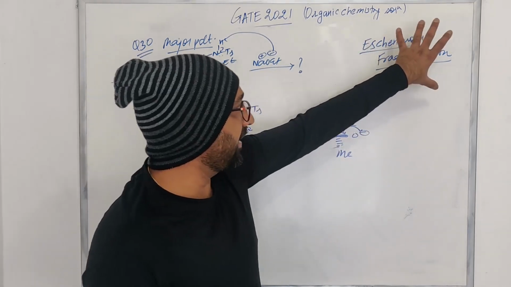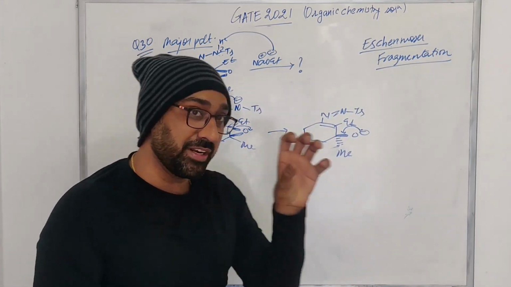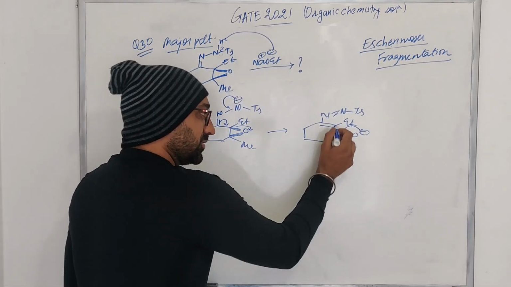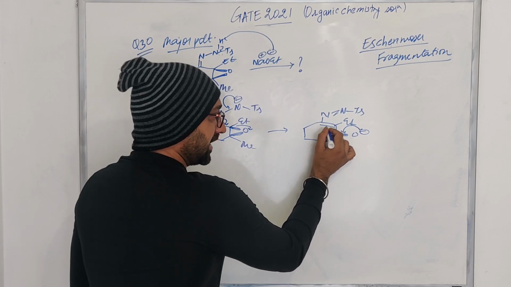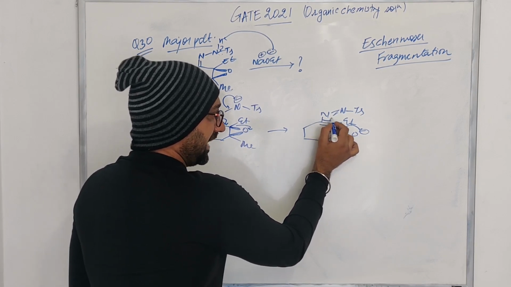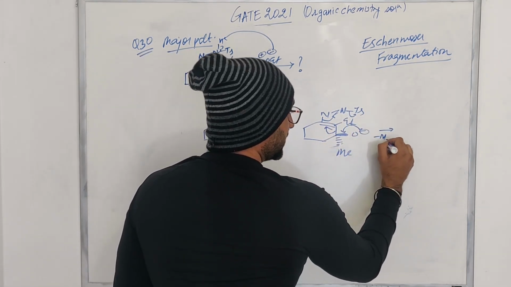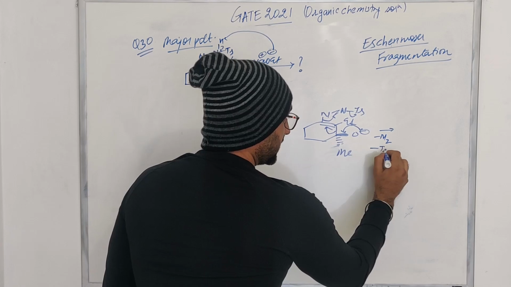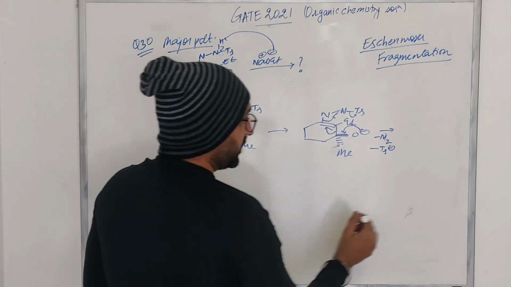But that is exactly what happens in the case of the Eschenmoser fragmentation. What is the driving force? It is the elimination of the nitrogen gas. That is why when this comes back, this carbon-carbon bond breaks. These electrons come here, and these electrons move here and go here. So we can clearly see what we are releasing is nitrogen gas, and what we have is a tosyl carbanion. Now this is what drives the reaction in the forward direction.